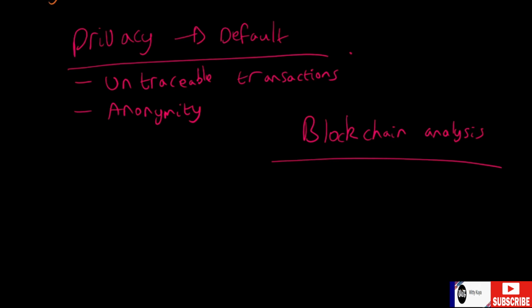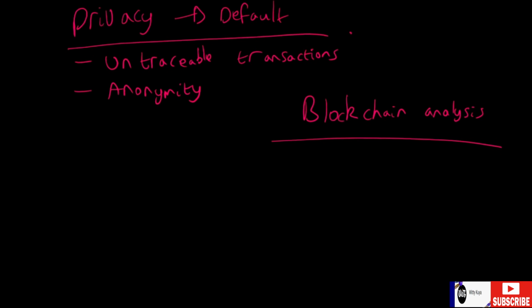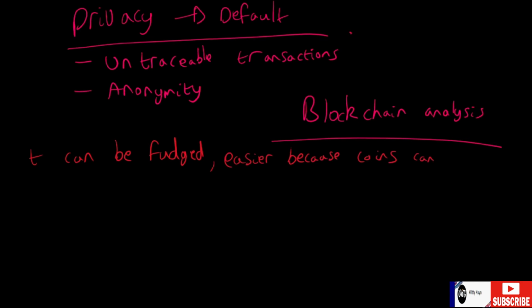But this isn't without its problems as well, because it can be fudged. So as a result, because it can be fudged, it can be made to look like certain coins have gone to a certain individual even though they haven't, because there isn't a proper audit trail. And this is easier because coins can't be blacklisted.